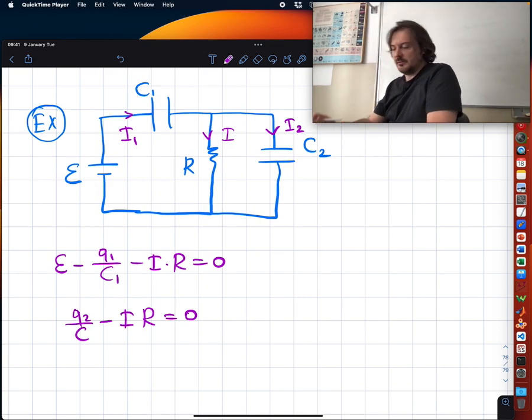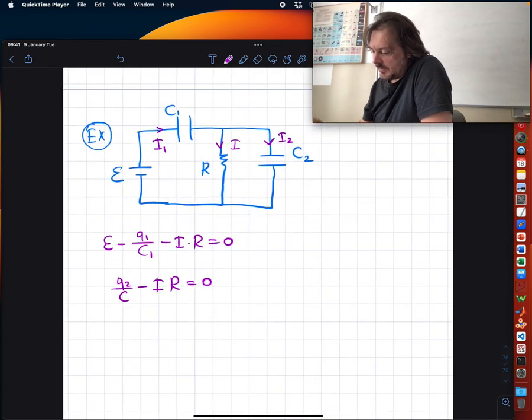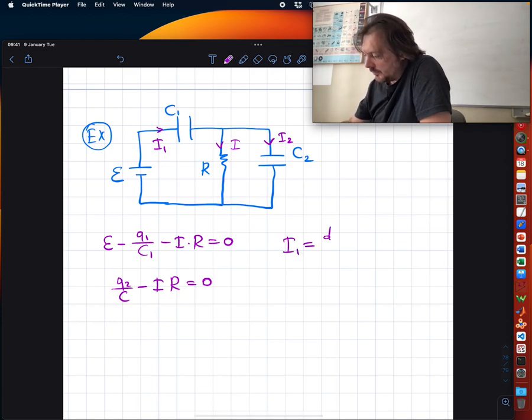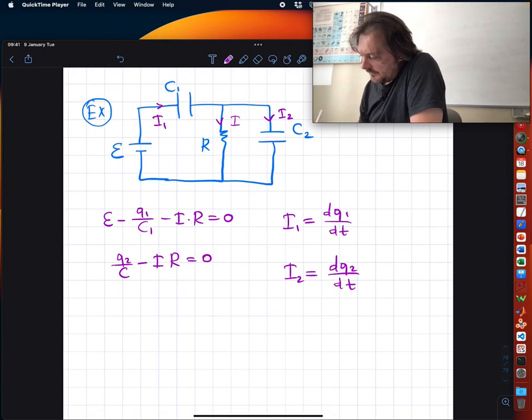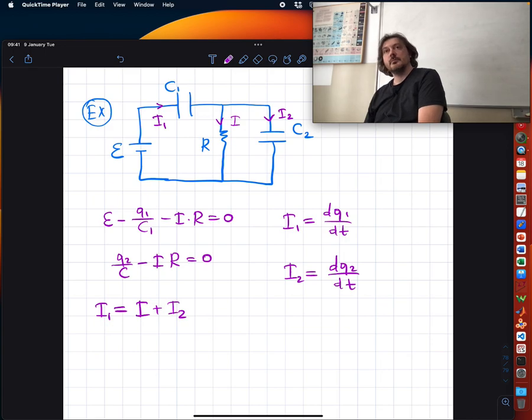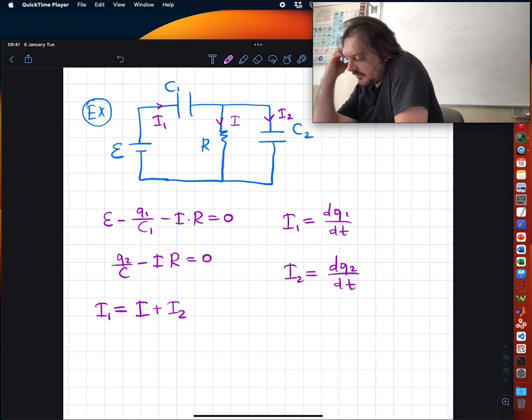Same thing, just written the proper way. Then I have I1 equals dQ1 over dt, and I2 equals dQ2 over dt. And I also have I1 equals I plus I2. Then we can figure this out, hopefully.